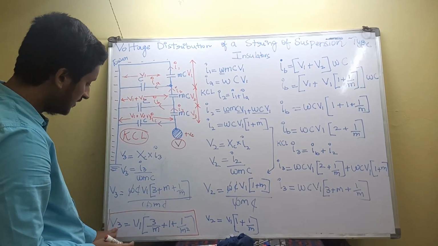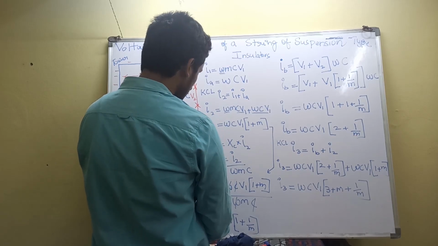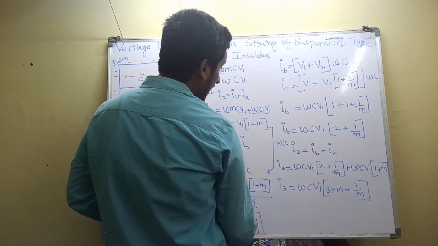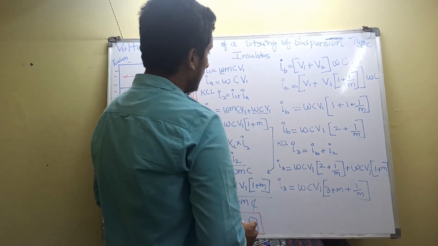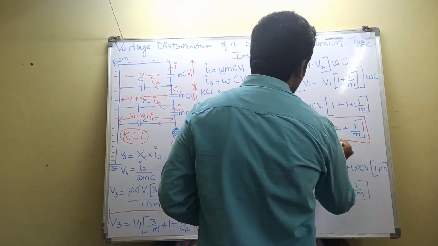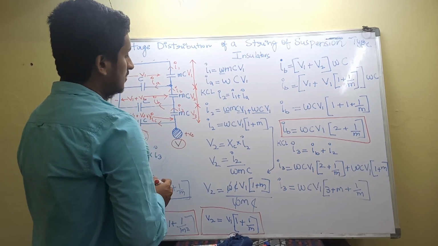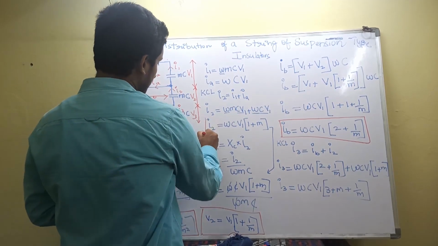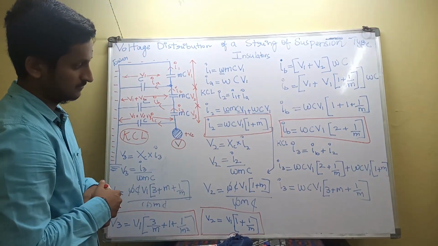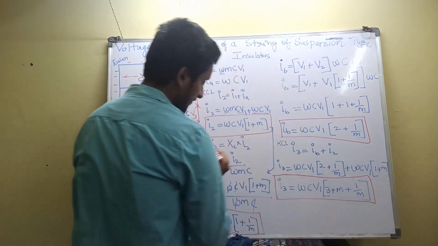Now V3 is in terms of V1, V2 is in terms of V1, IB is in terms of V1, I2 is also in terms of V1, and I3 is also in terms of V1.